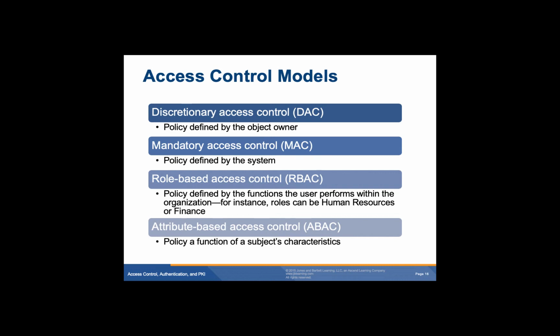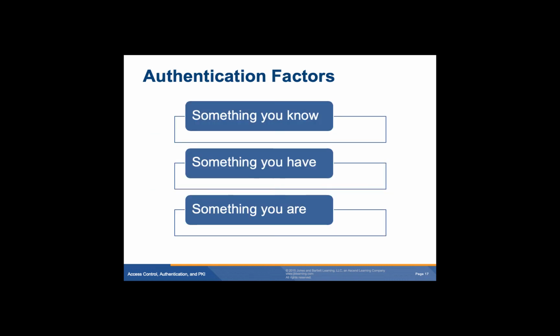The policy is defined by the functions the user performs within the organization. For example, user roles can be human resources or finance. Attribute-based access control, ABAC, policy as a function of a subject's characteristics, as an example. Again, authentication factors, covered this earlier: something you know, something you have, and something you are.